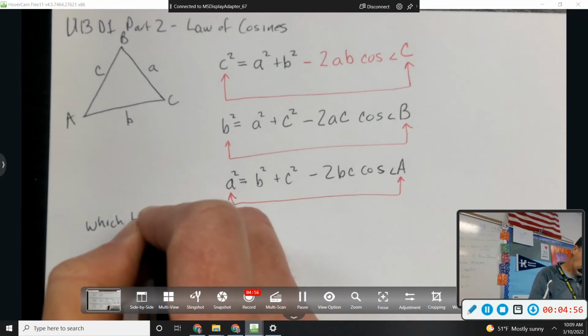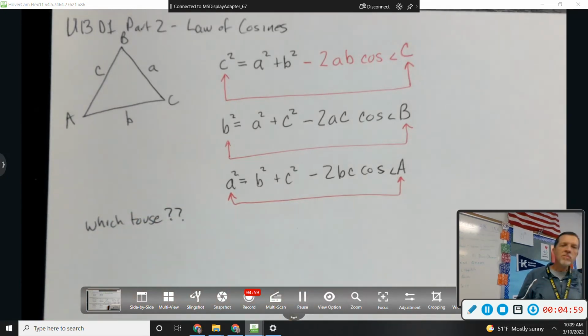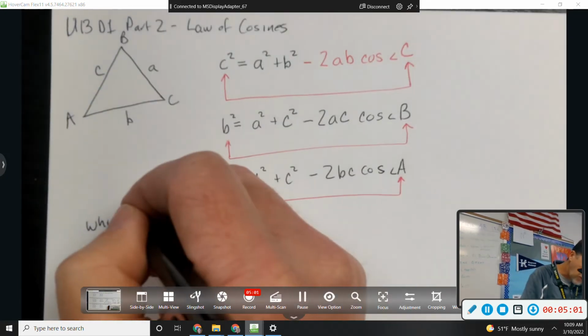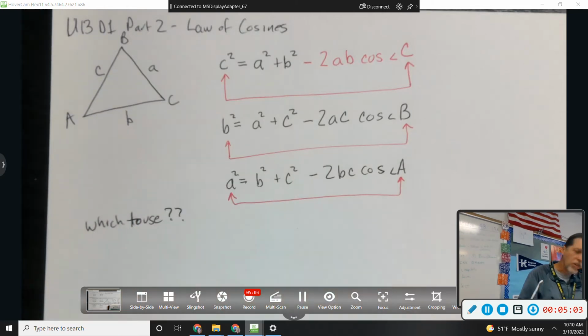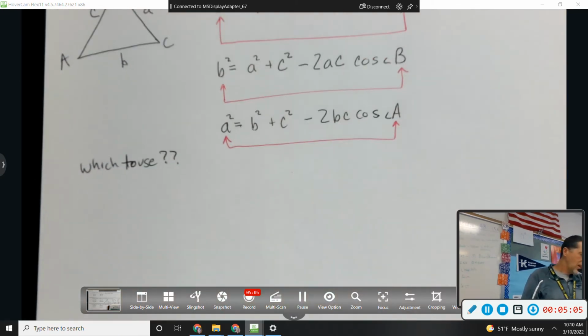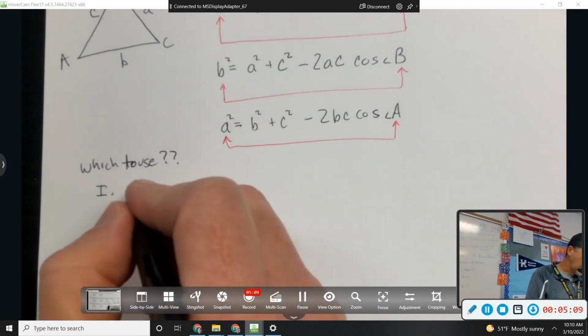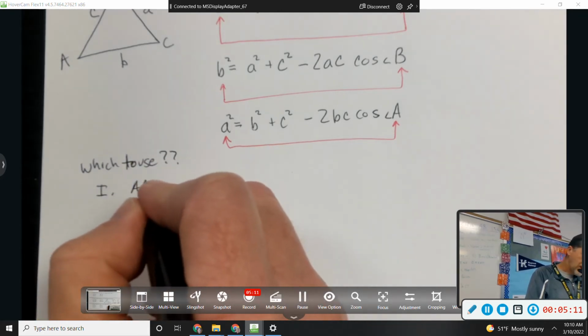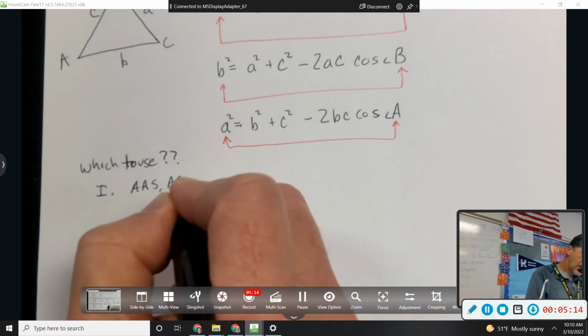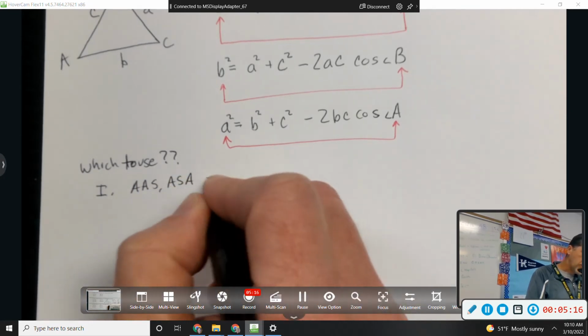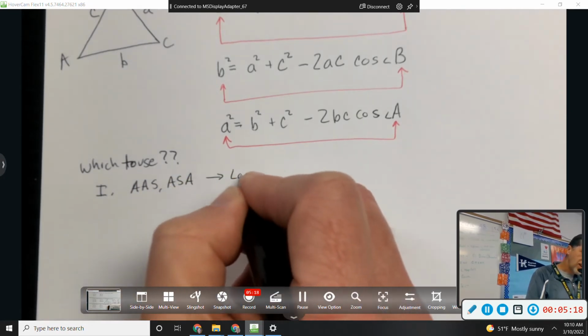All right, which to use? Pardon my handwriting there. Which to use? Sines versus cosines. I kind of mentioned this already, but we'll go through it again. If there's two angles, it's law of sines.